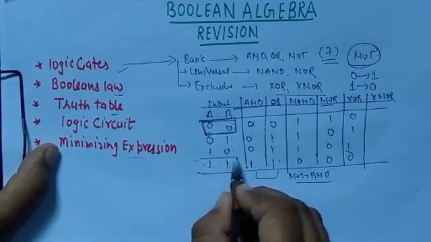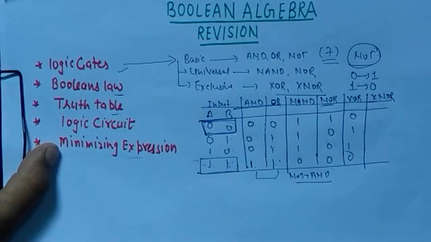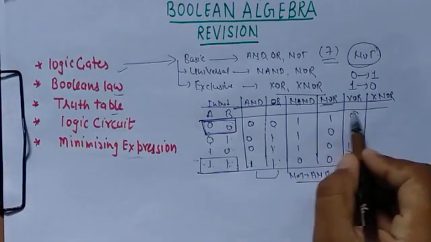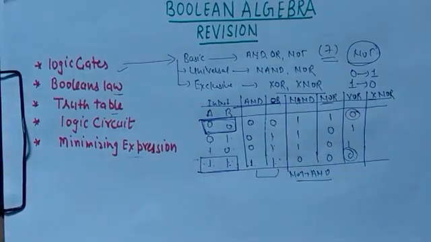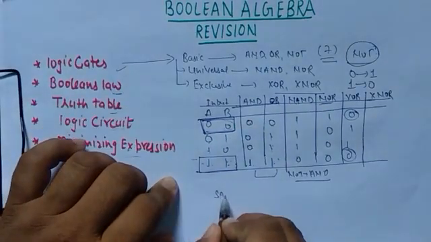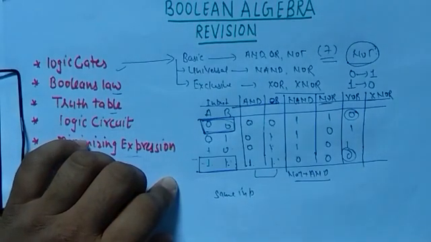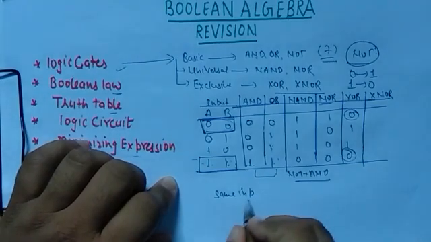Here also you can see input is 1 1. Both inputs are the same. If all the inputs are the same, all the inputs are equal, then output will be 0, else output will be 1. So we can say that same input, output will be 0.